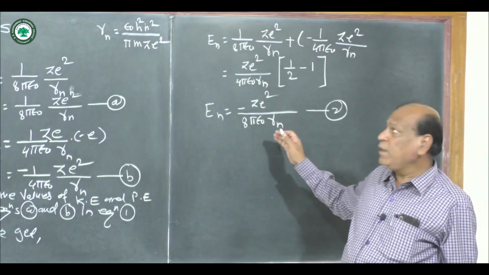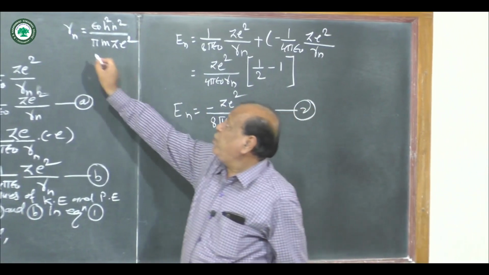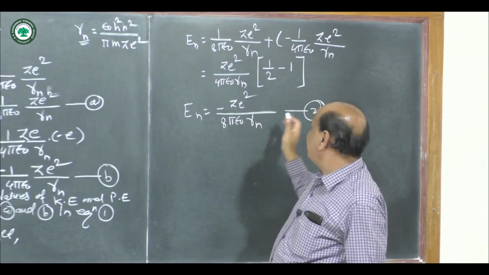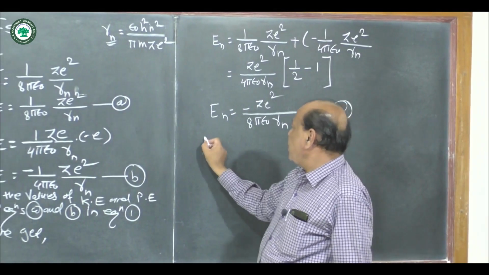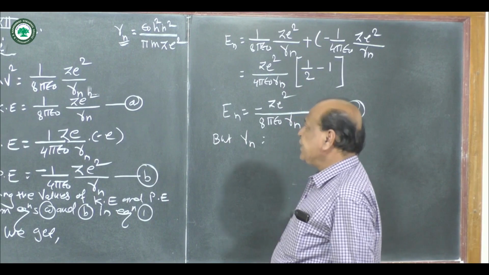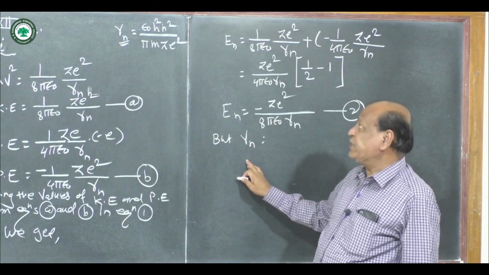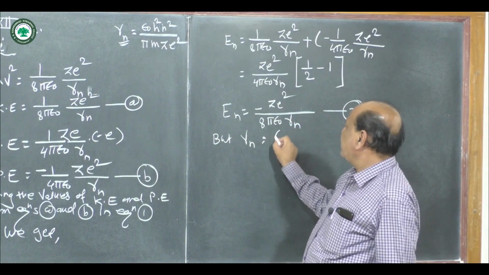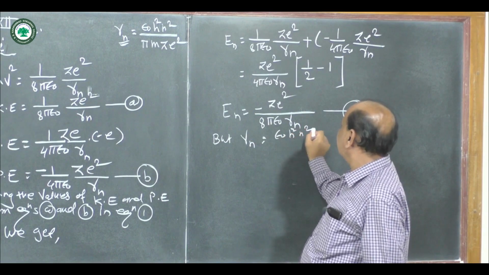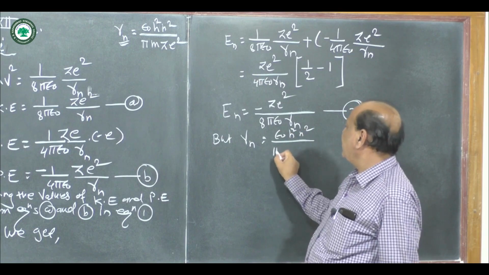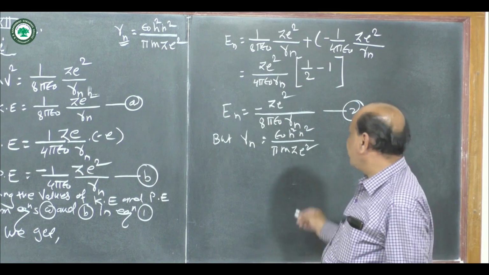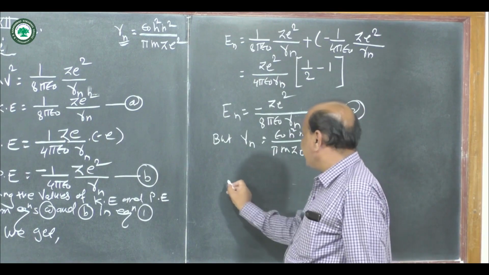Understand up to here? Now put the value of Rn, which we already obtained in the previous lecture, in equation 2. The radius of the nth Bohr orbit is given by epsilon 0 h square n square divided by pi m Z e square. Put this value in this equation.